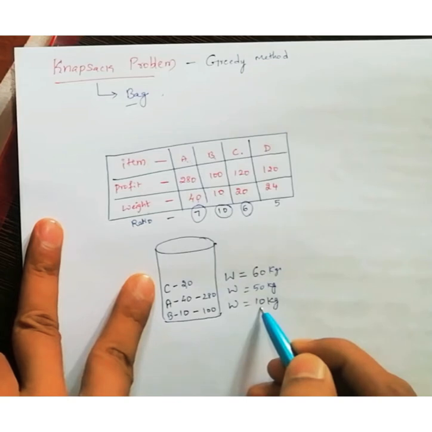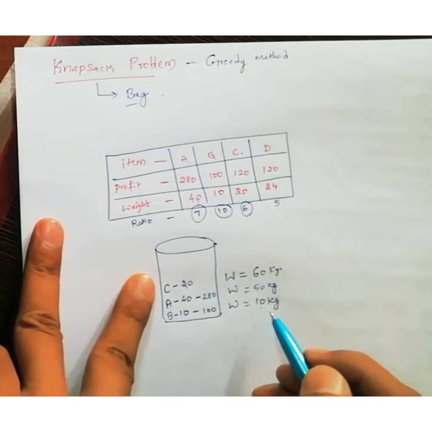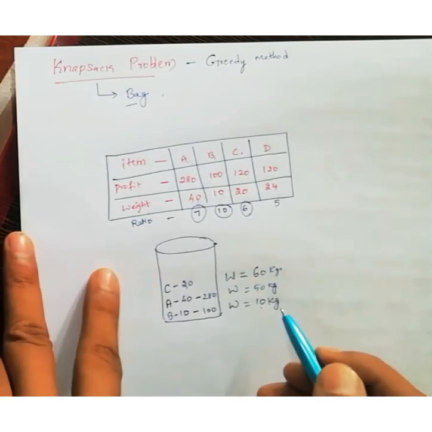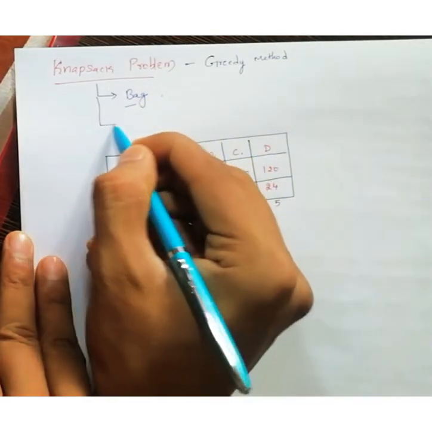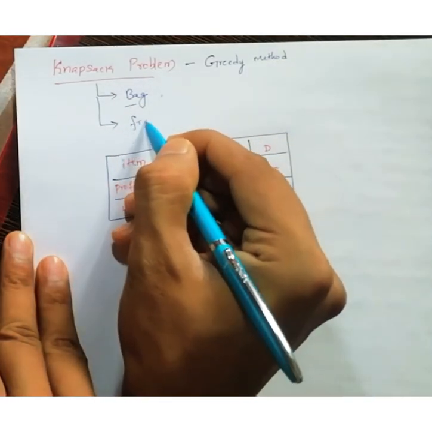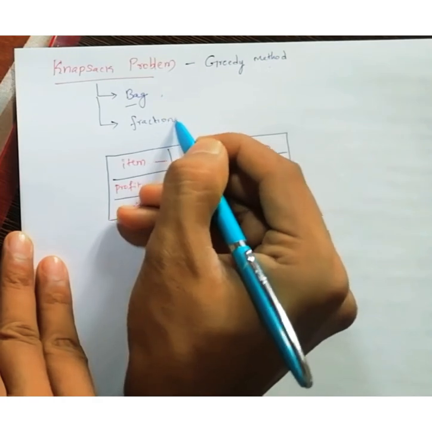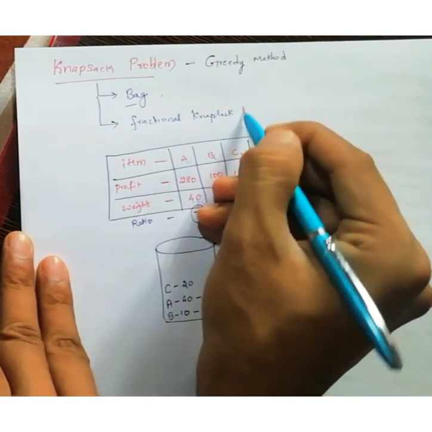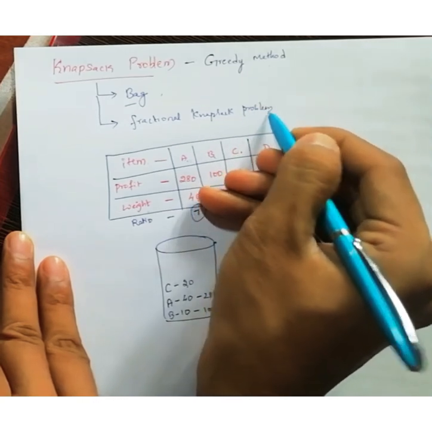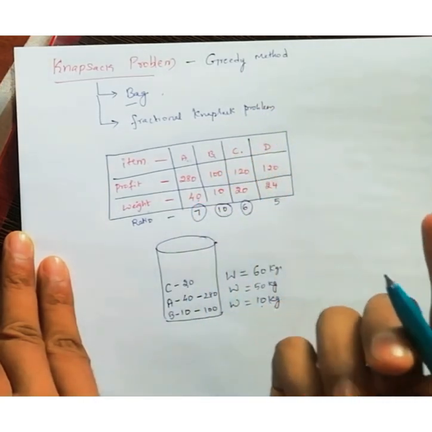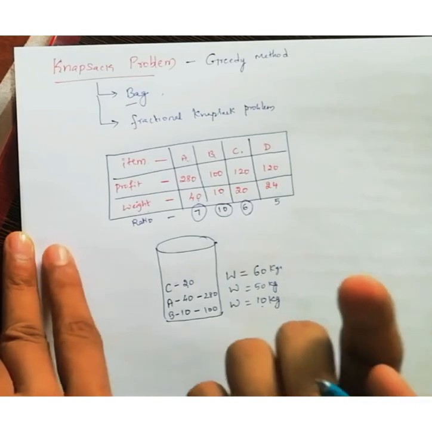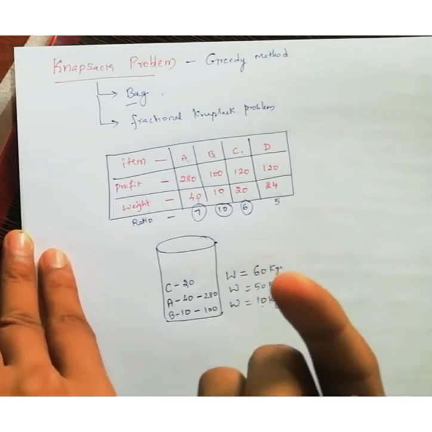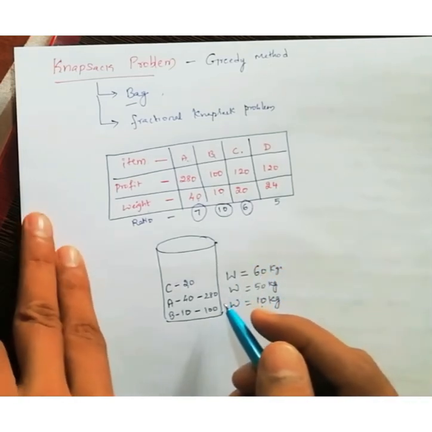No, you can't store it. In this situation we can take a fractional part, and this is called the fractional knapsack problem. There is one more knapsack problem, the 0/1 problem, where we can't take a fractional part. That we will discuss in the next videos.